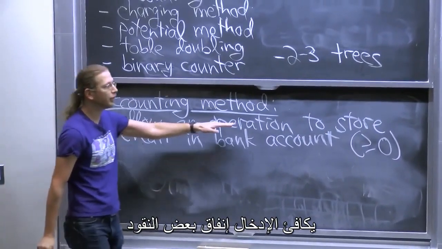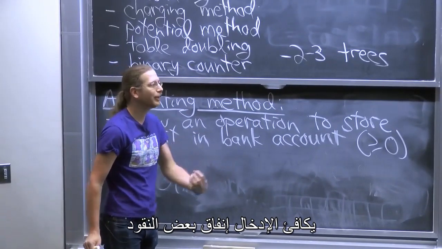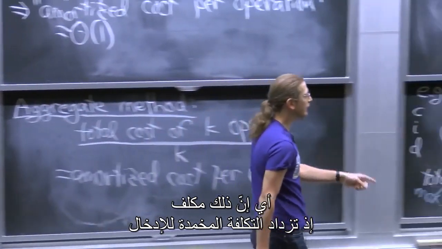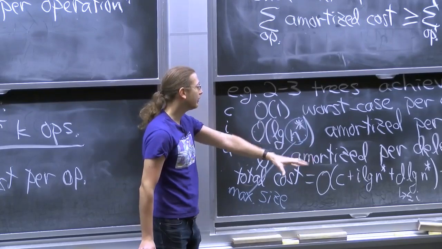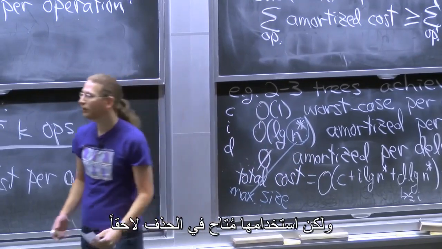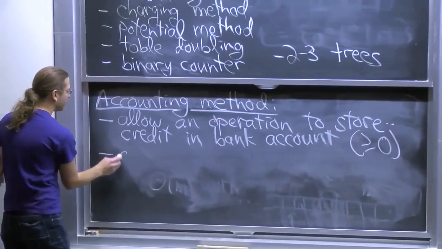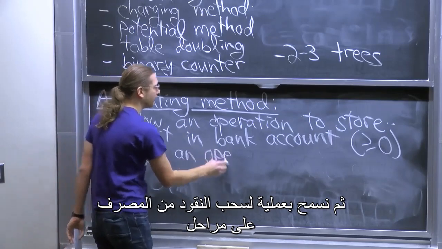And when I do an insertion, I'm going to physically put some coins in the bank. That will cost something in the sense that the amortized cost of insertion goes up in order to put those coins in the bank. But then I'll be able to use them for deletion. So this is what insertion is going to do. I can store credit in the bank. And then separately, we allow an operation to take coins out of the bank.